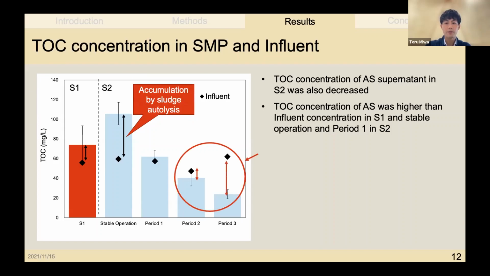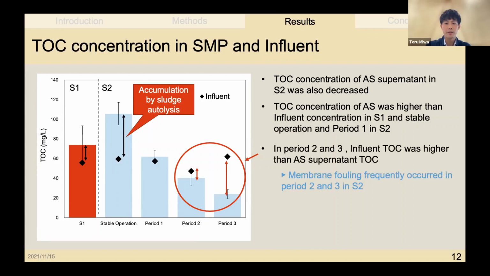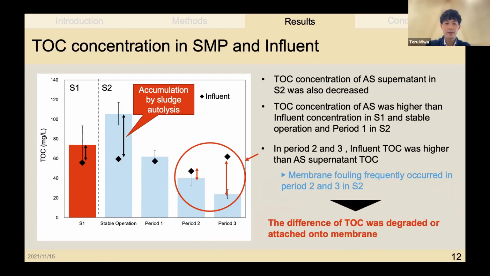And also in periods 2 and 3, the periods in which membrane fouling occurred frequently, influent TOC was higher than SMP in activated sludge. It is indicated that the difference of TOC was degraded or attached onto the membrane.